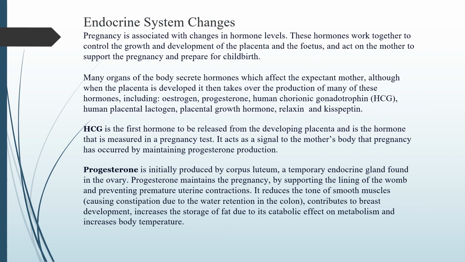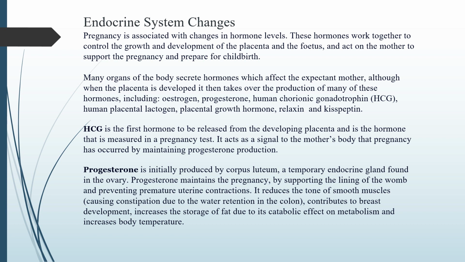Endocrine system changes. Pregnancy is associated with changes in hormone levels. These hormones work together to control the growth and development of the placenta and the fetus and act on the mother to support the pregnancy and prepare for childbirth.